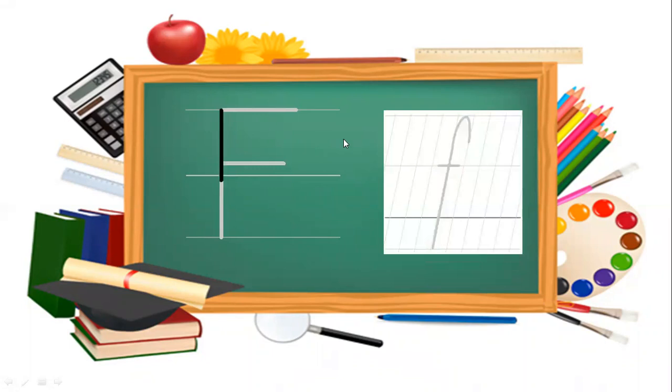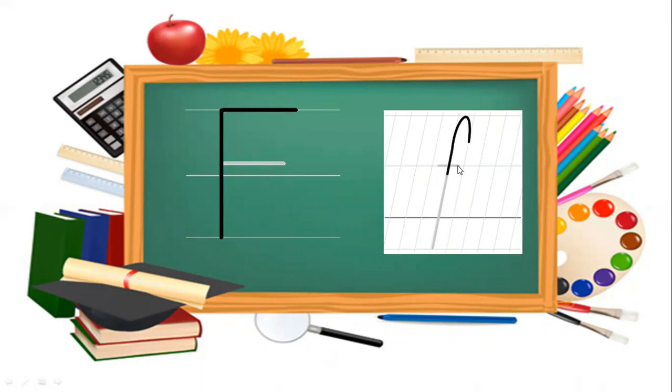Now, a small letter F. Draw a curve a little below the top line and come to the bottom of the line. Draw a little curve and then turn into the standing line and reach it to the bottom of the line.